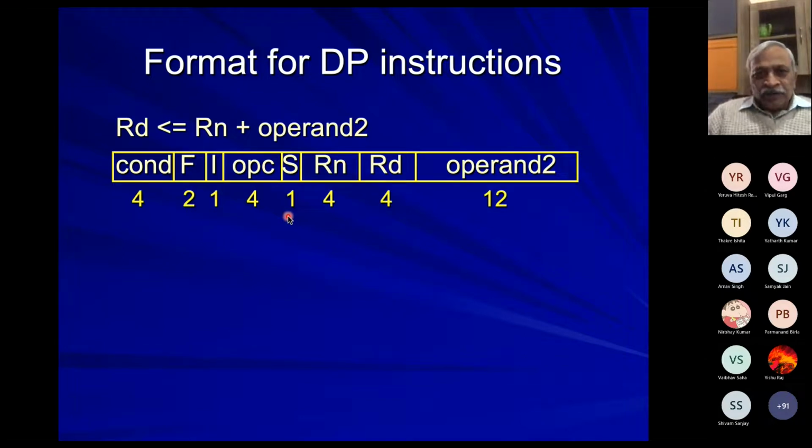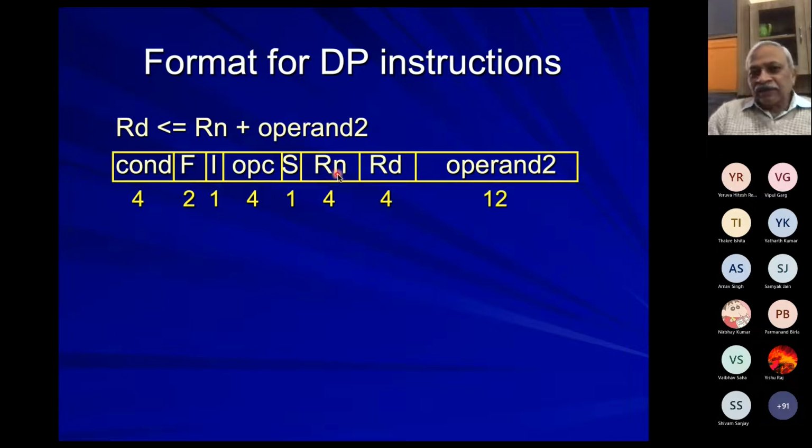I'm showing values which are going into different fields. Sorry, these are the sizes of different fields. 4 bits, 2 bits, 1 bit, 4 bits again. So that means OPC can have 16 different possibilities. Rn and Rd, these are registers.